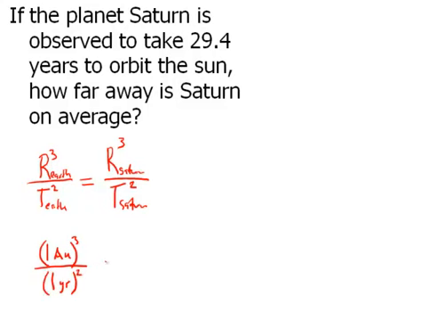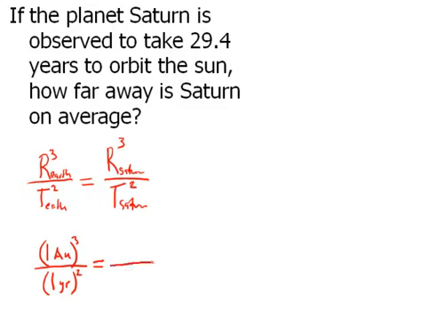When you're using this particular proportion, it does not matter what units you use as long as you're consistent. If I used astronomical units for this proportion, then my answer will come out in astronomical units for the distance that Saturn is away. And I'll have to use years as our period, which is convenient because that's what was given to us.